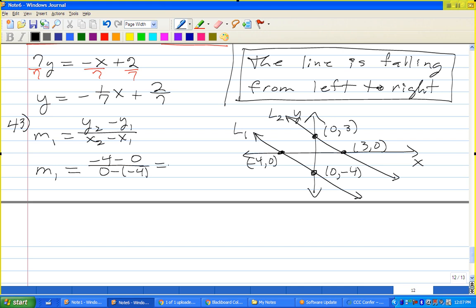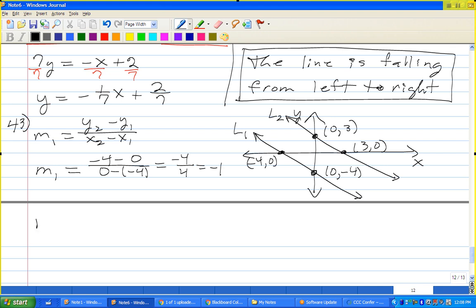Okay, and so you get negative 4 minus 0 is negative 4. 0 minus negative 4 is plus 4. Negative divided by positive is negative. 4 divided by 4 is 1. So the slope is negative 1.